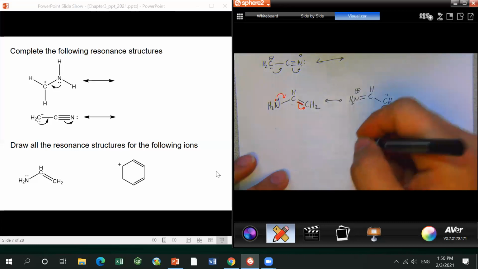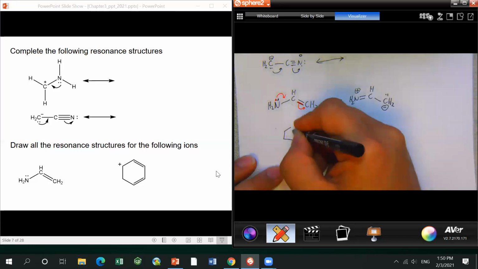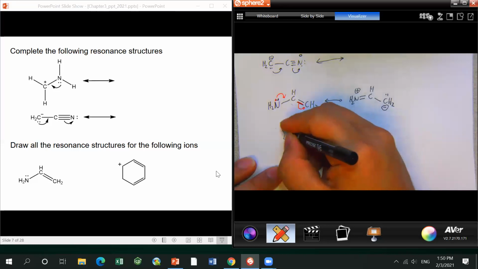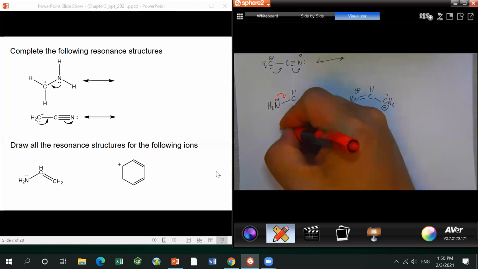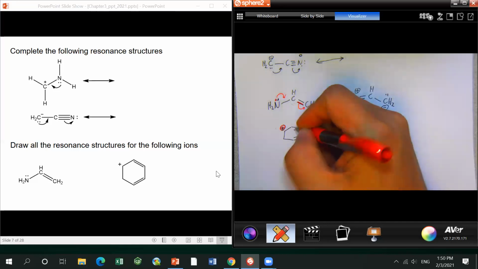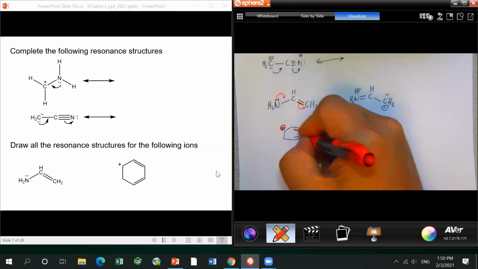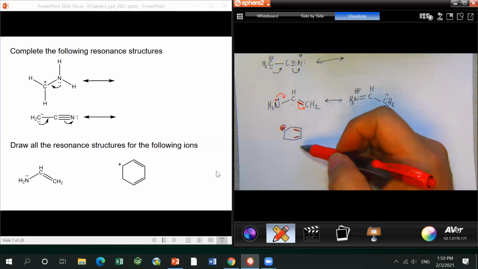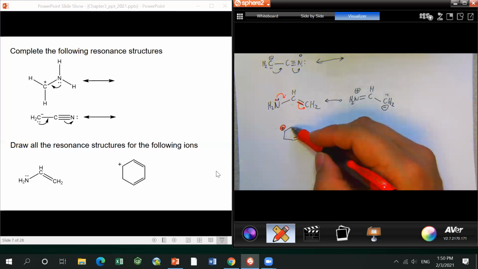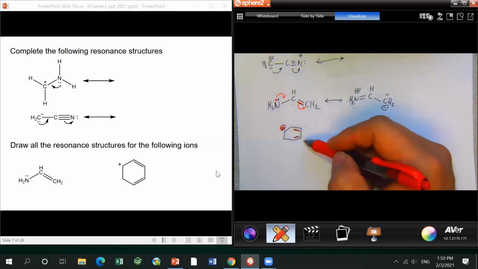And then the last one. Again, step 1: find all three components. This one has the empty p orbital and then a pi bond. You have to look at whether they are adjacent to each other. The single bond separates them, no problem, you can draw it.